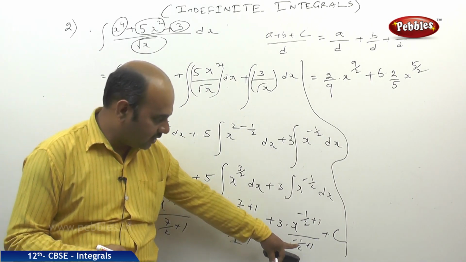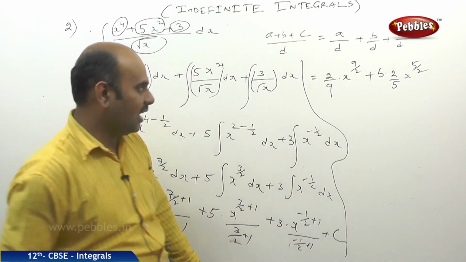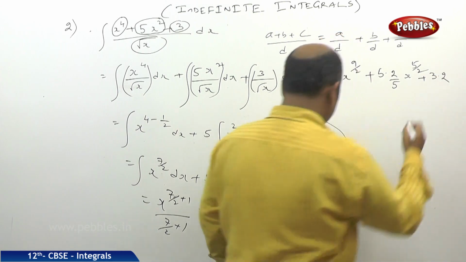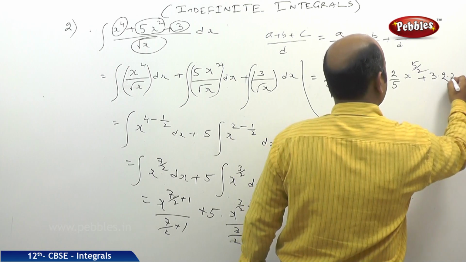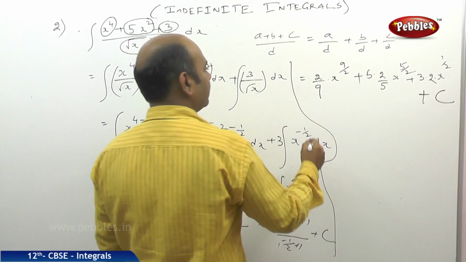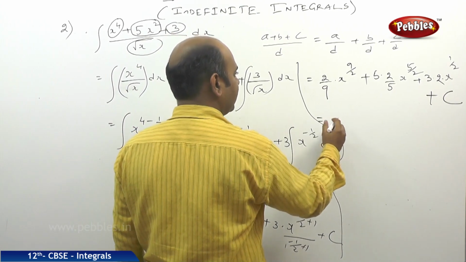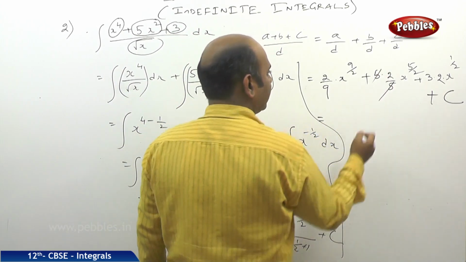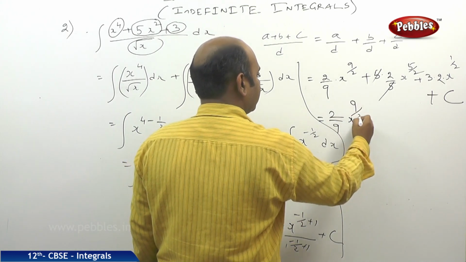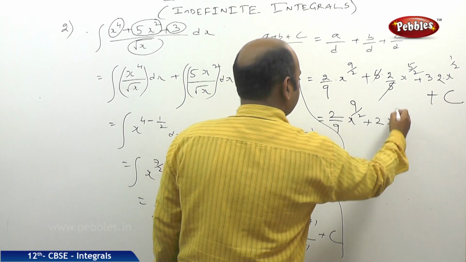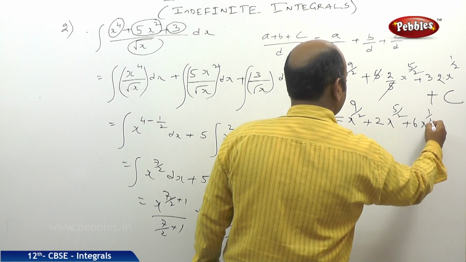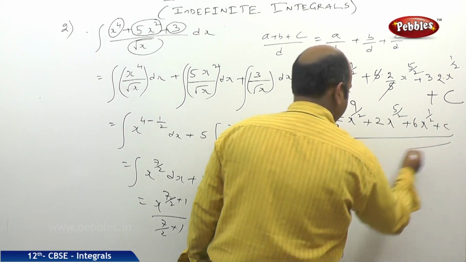Finally here also 3 is there, and -1/2 plus 1 means half. So 3 into half, going up means it turns to 2, and here x^(1/2). Finally I will write plus c. So finally we manipulate and tell the answer. 5 will get cancelled here. So 2/9 x^(9/2) plus 2 x^(5/2) plus 6 x^(1/2) plus c.